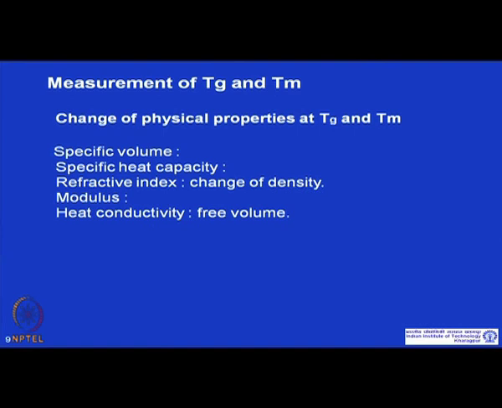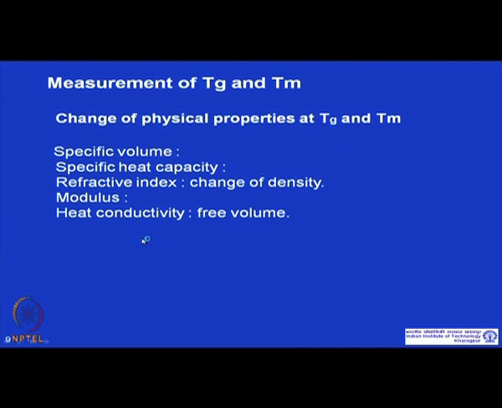Some of the physical properties change their value during glass transition and melting. So, if you can follow any of this property with temperature, we can find out the glass transition temperature and melting point.